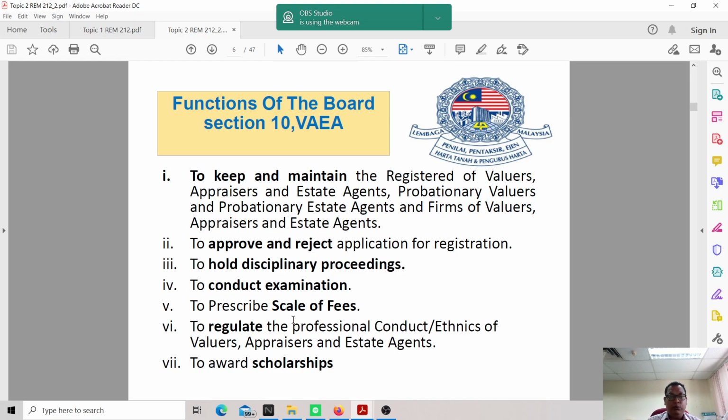Item number 5 is to prescribe the scale of fees. Item number 6, to regulate the professional conduct or ethics of valuers, appraisers, and estate agents, whereby they produce current circulars stating, for example, that estate agents cannot publish their advertisements on lampposts or billboards, without diminishing the integrity of the profession.